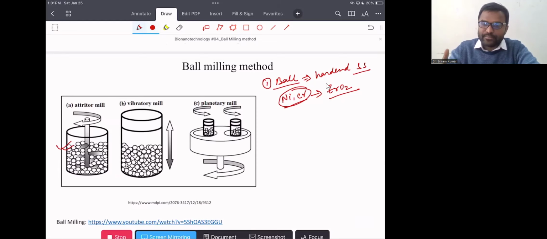So the first important point is the material of the ball, in other words, which kind of material we can use for the ball so that we can have efficient nanomaterial. The second is what ratio of the ball and the powder material you should use in the container so that we will have the nanomaterial.